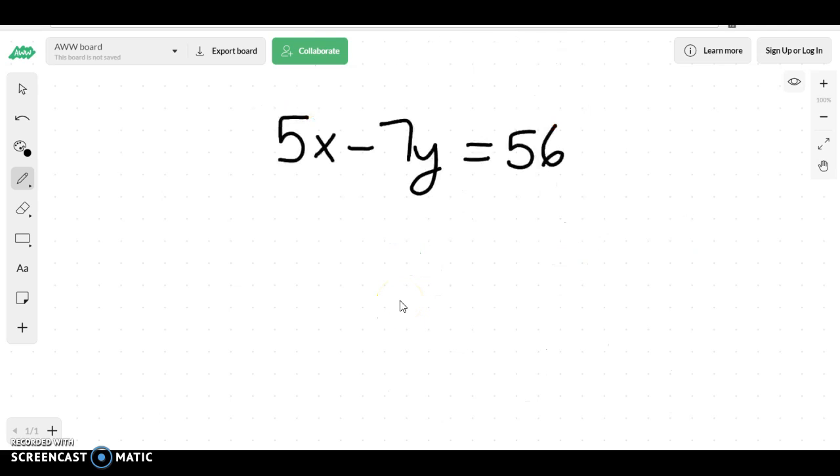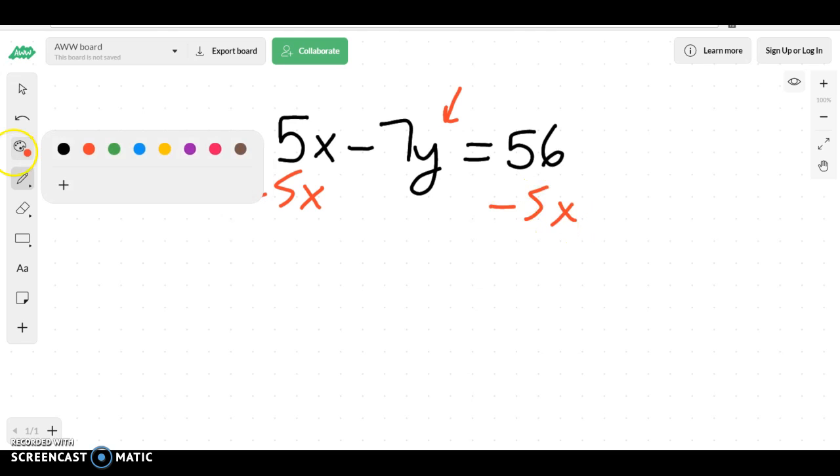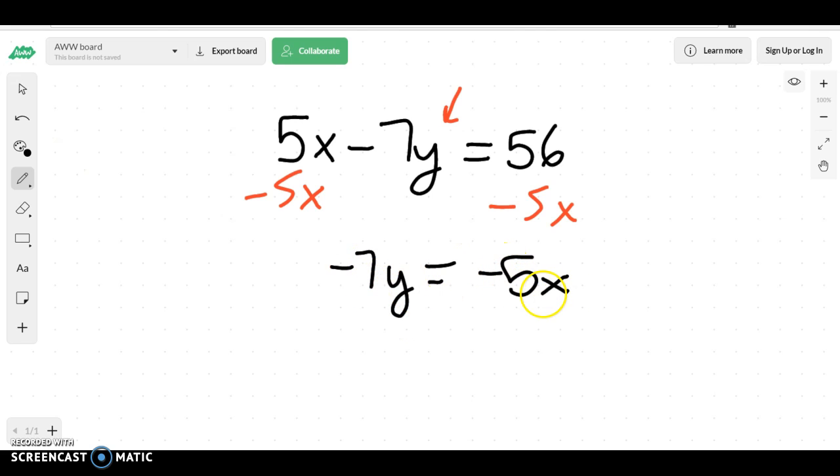Let's try another one. If you got stuck with this one, the first thing you want to do is try to get the y by itself again. So we're going to subtract 5x. I'm going to end up with -7y is equal to -5x plus 56.